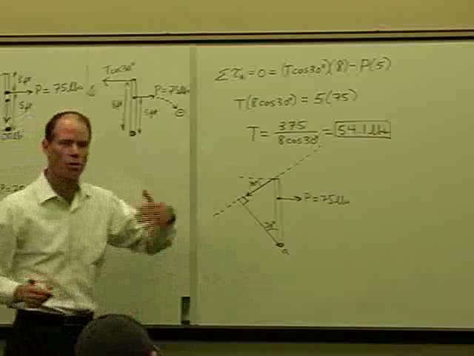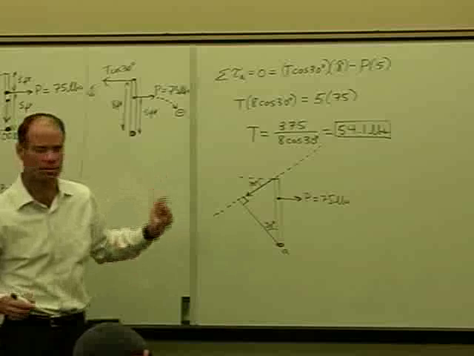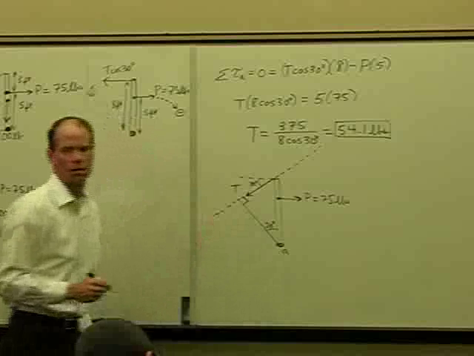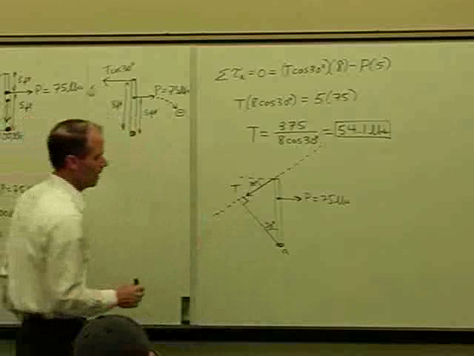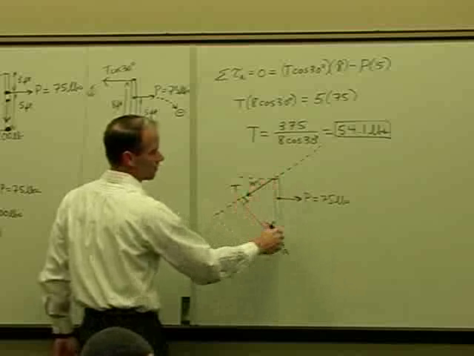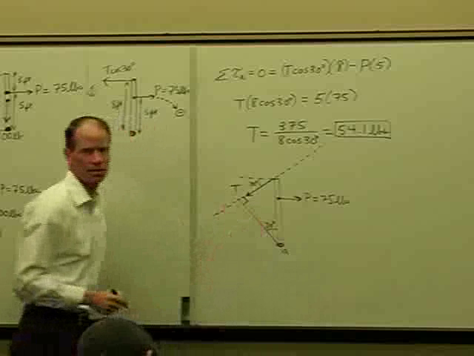Then I could use the whole full force of T times that shortest distance. That would be the moment arm for the full T force. Right? And that shortest distance, see, if this is 8 feet for the hypotenuse of this right triangle, this distance right here is going to be 8 cosine 30.